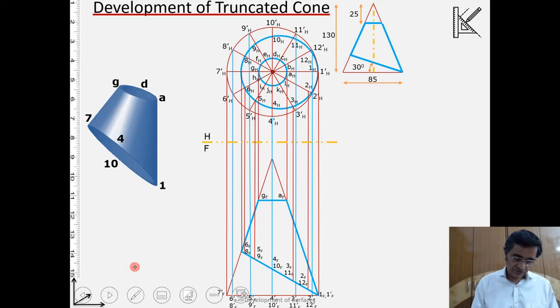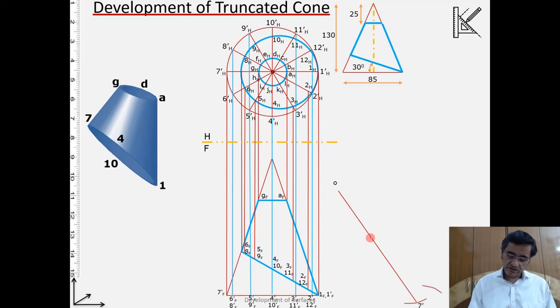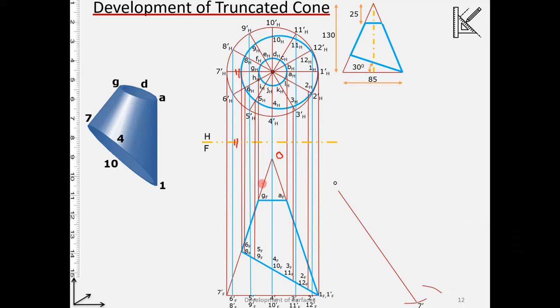Okay, so first of all here also, because we have to do the entire cone, we know this length. What is this length? This length is O7, and you will notice that this is parallel to the frontal, so this is the true length.